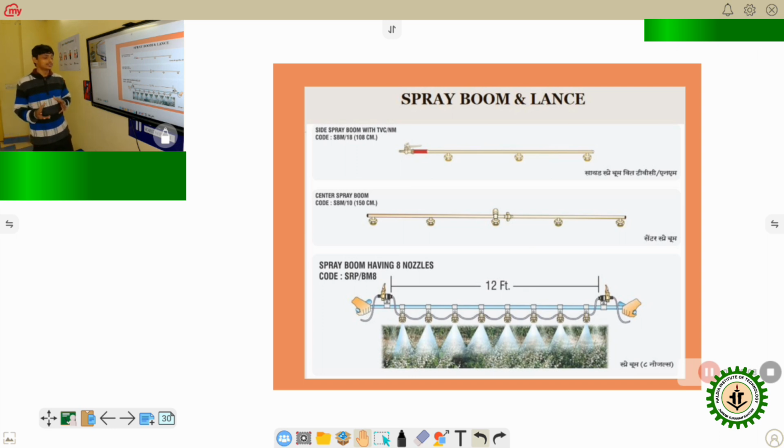We can use this type of effective nozzle, and this is very popular in fields where we have to cover a very large area. For hydraulic sprayers, we can use this type of nozzle.